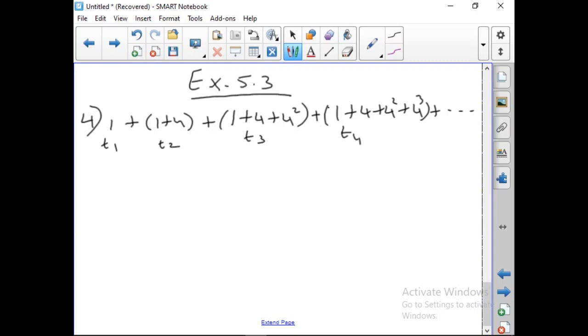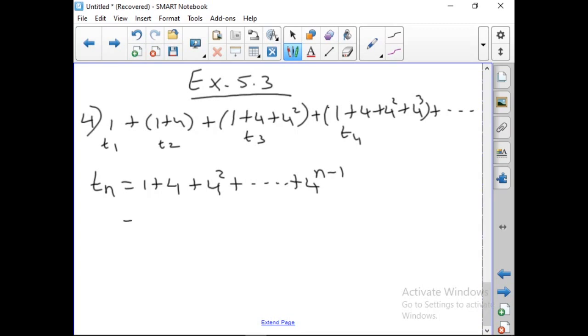So what about Tn? How Tn will be? 1 plus 4 plus 4 square plus etc. up to 4 power n minus 1. என்ன பாரு fourth termல 4 cube தான் இருக்குது. So 4 power n minus 1.